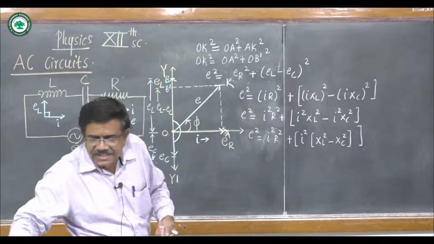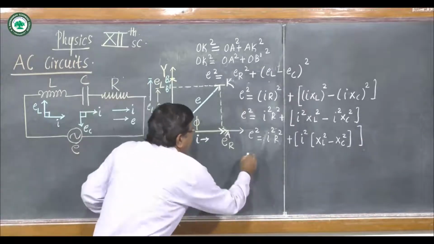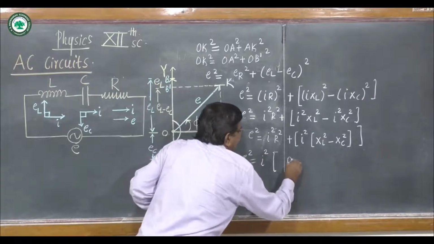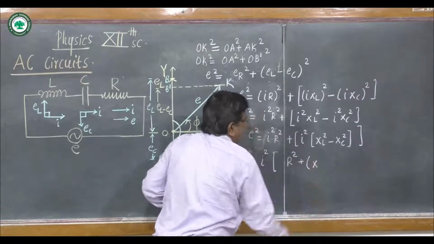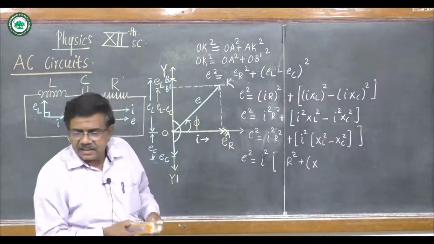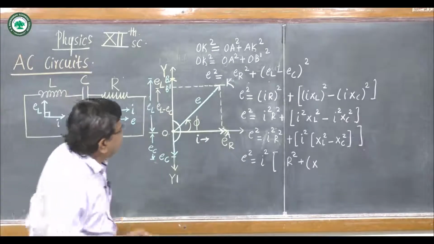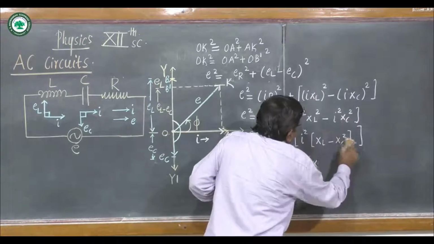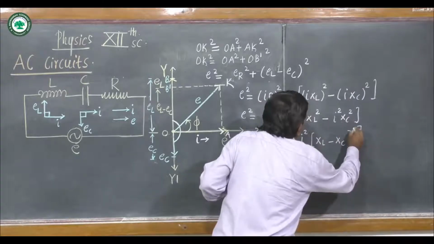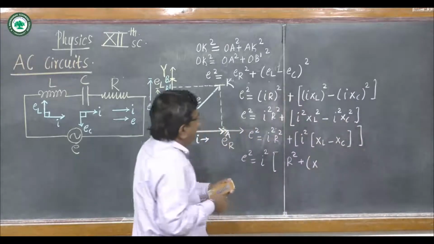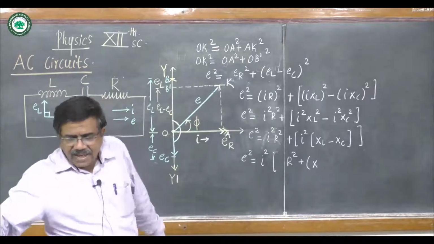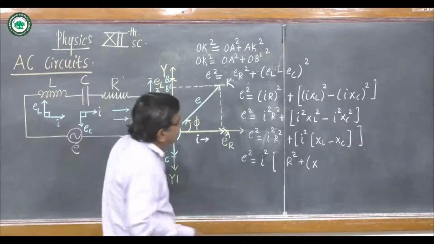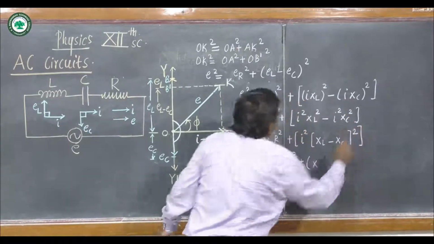Taking I square as common, we get E square is equal to I square in bracket R square plus XL minus XC its square. This is XL minus XC its square, that is I XL minus I XC, its square.